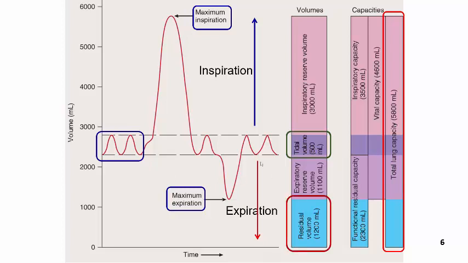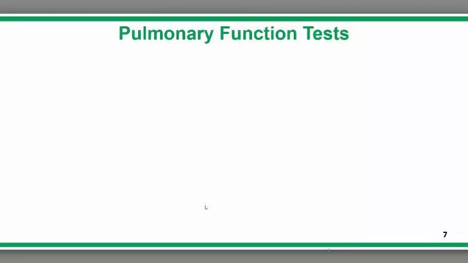If we take a look at the air that is pushed out of the lung, what we also have here is what's called a residual volume. The residual volume refers to the amount of air left in the respiratory pathways even after a person attempts to push all that air out of their lungs.